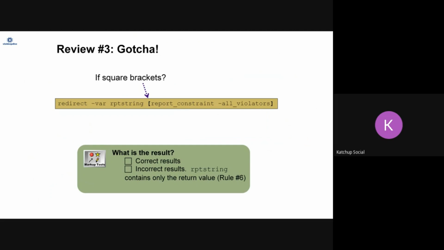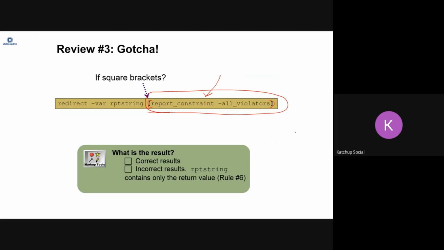The third mistake, which we also covered, is that when you use square brackets, you should always remember that what will be substituted in command substitution is the value of the return of this. Whatever that Tcl command or Tcl procedure returns, the value will be substituted by that.